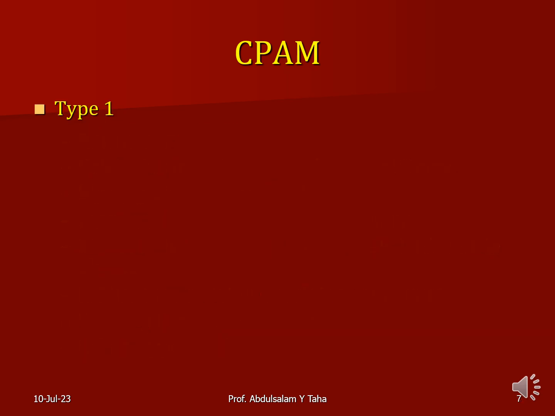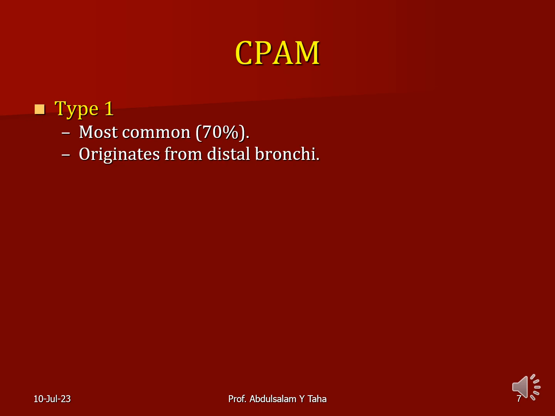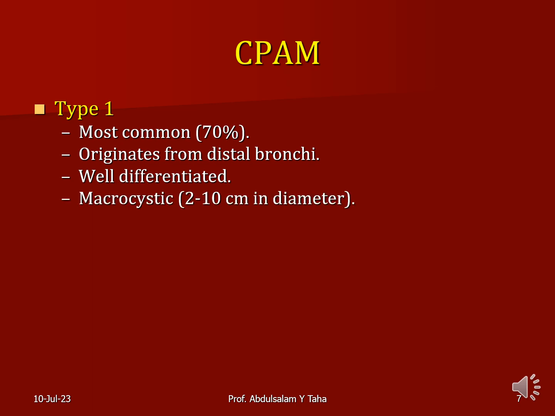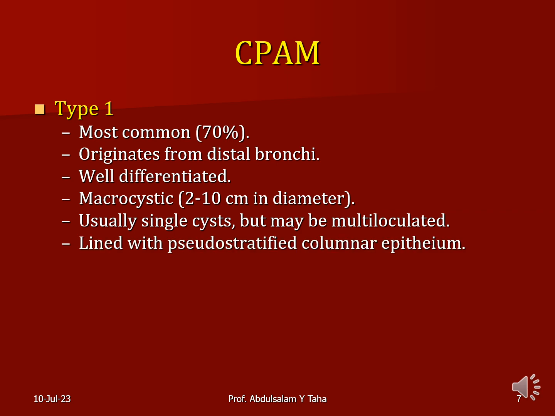Type 1 of CPAM is the most common, accounting for 70% of the cases. It originates from the distal bronchi, well differentiated, macrocystic, the cyst diameter is 2 to 10 centimeters, usually consisting of a single cyst but may be multi-loculated, lined with pseudo-stratified columnar epithelium.